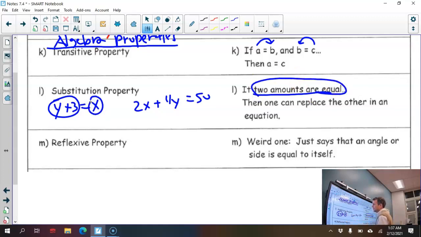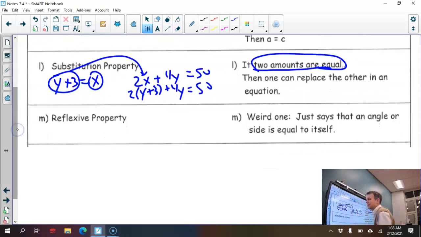Well, these two amounts are equal, so I can replace the x with what it's equal to. And that is just the substitution method, the substitution property.